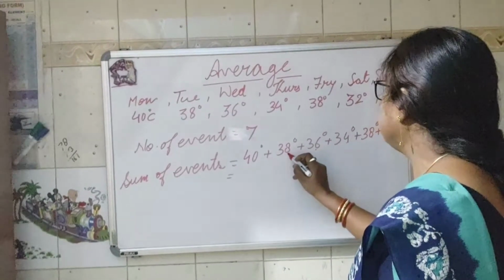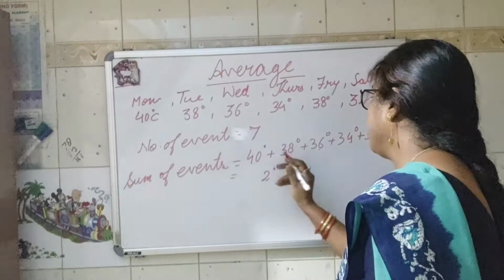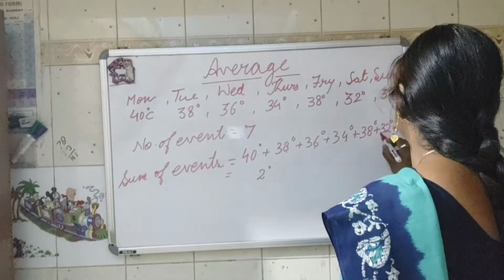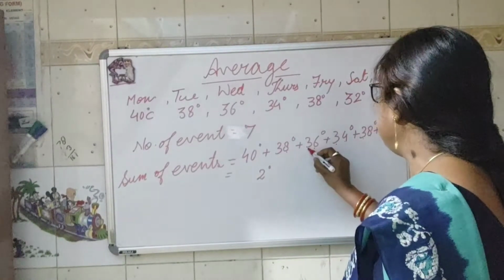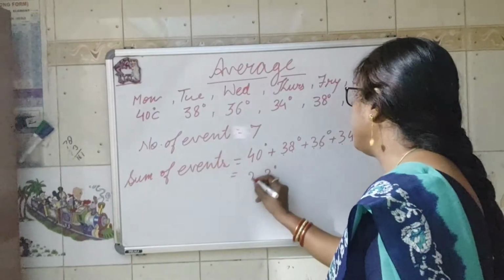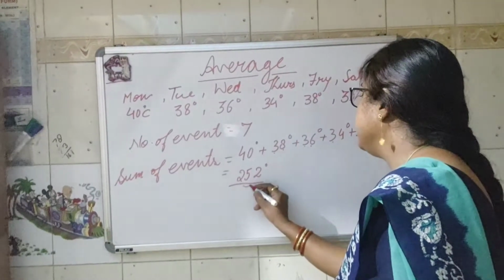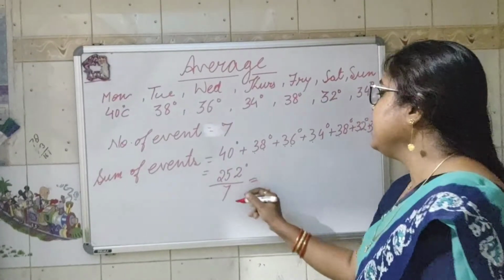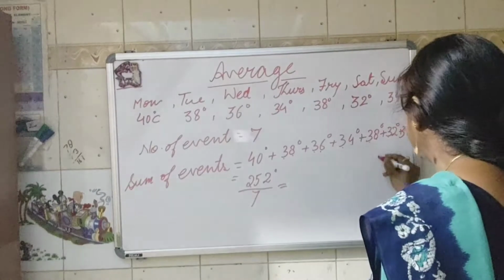Okay, 24 plus 8 is 32, and this is 2, carry 3. Then 3 plus 3 is 6, 9, 12, 15, 18, 21, and 21 and 4 is 25. Okay, and it is divided by 7. Okay, and then you will get the answer by dividing. If you are very sure, you can do it mentally, otherwise make a rough column and do it here.